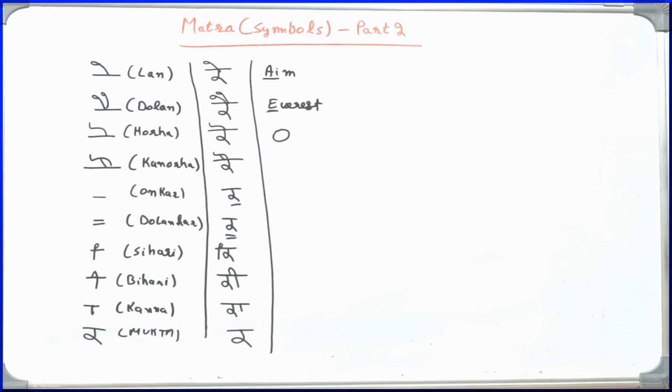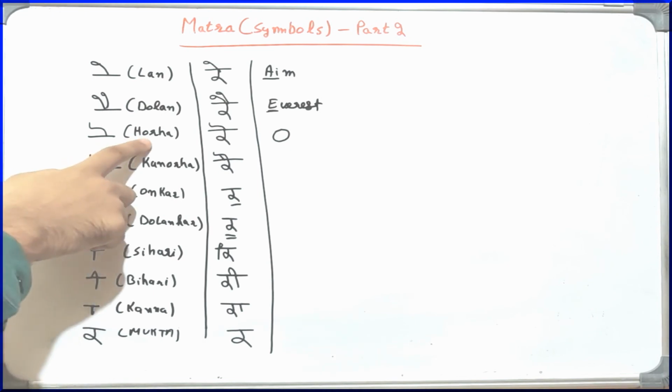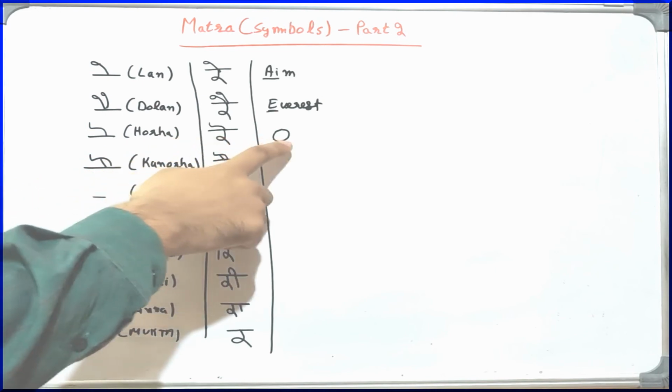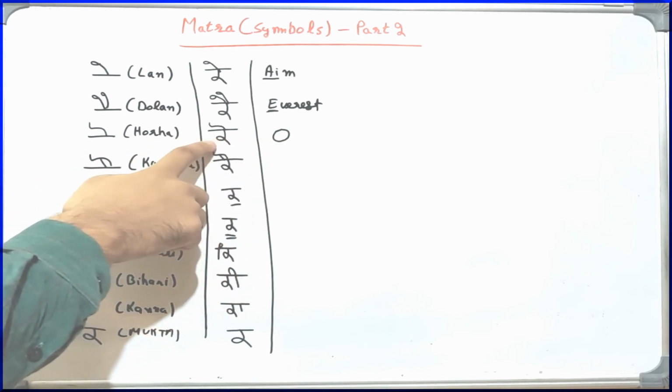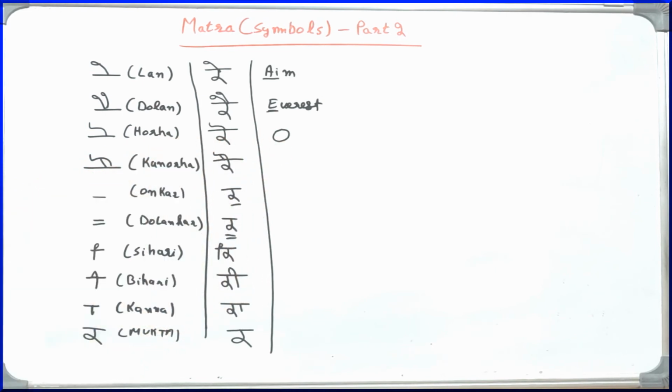Ka plus a, ka. This is how matras change the sound of the letter. Then we have Hora. Hora's sound is O. When we attach it with the ka sound, it will become ko. Right? Simple so far.